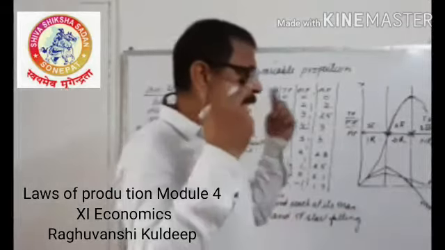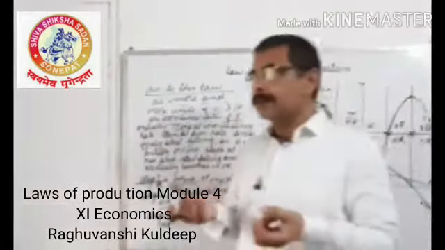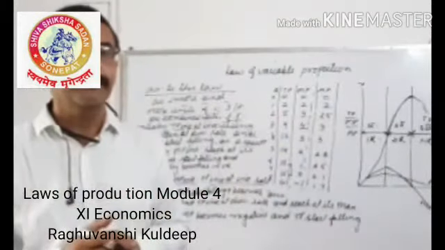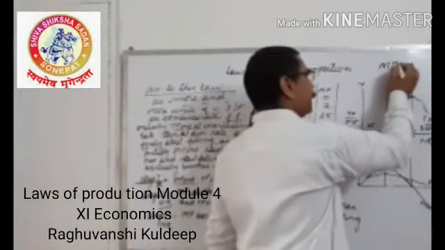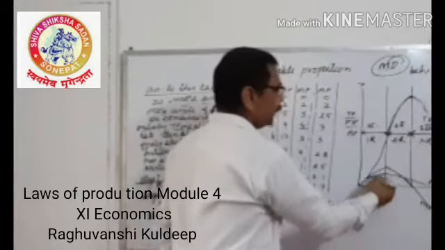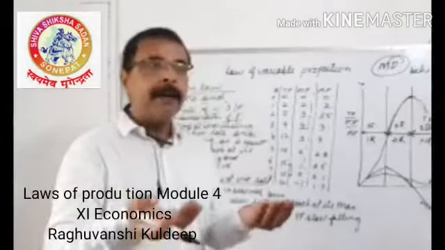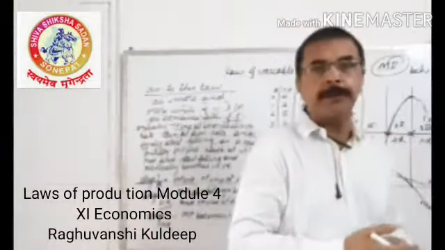Now, I think one question was coming to your mind: how do we classify these three stages? The stages are always classified according to the behavior of MP. When MP increases, that is the first stage; it means every additional unit of variable input gives more and more output.